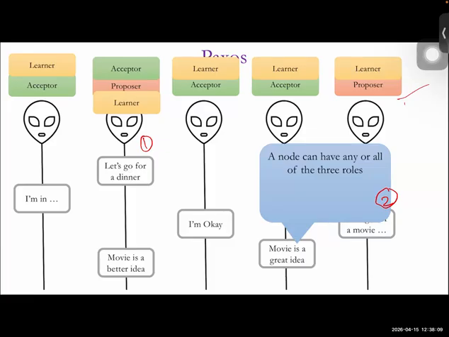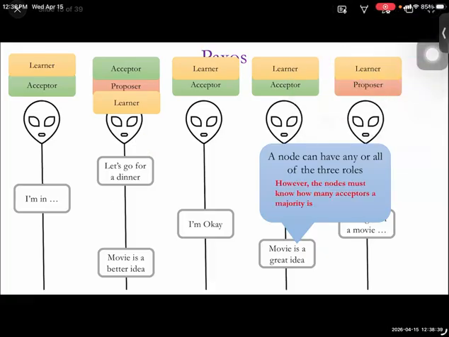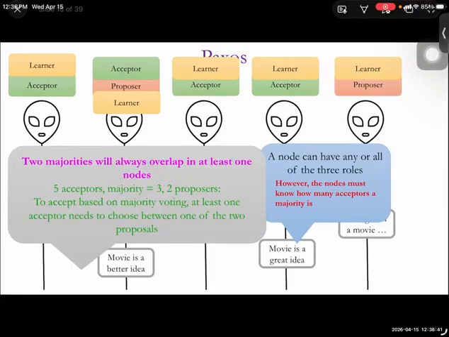A node can have any or all of the three roles: proposer, acceptor, or learner. In practice, nodes often act as proposer, acceptor, and learner. The core Paxos concept is the proposal number. However, the nodes must know how many acceptors make a majority.